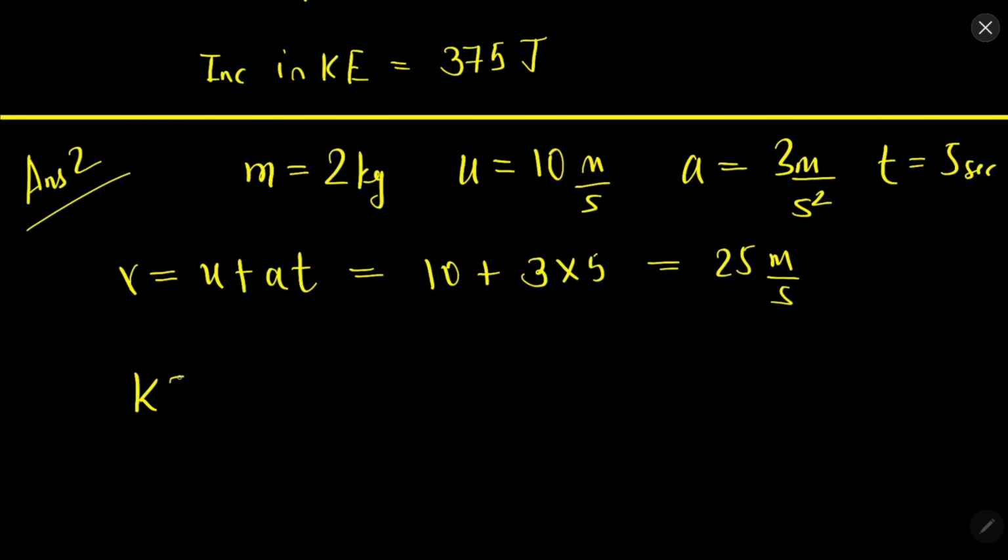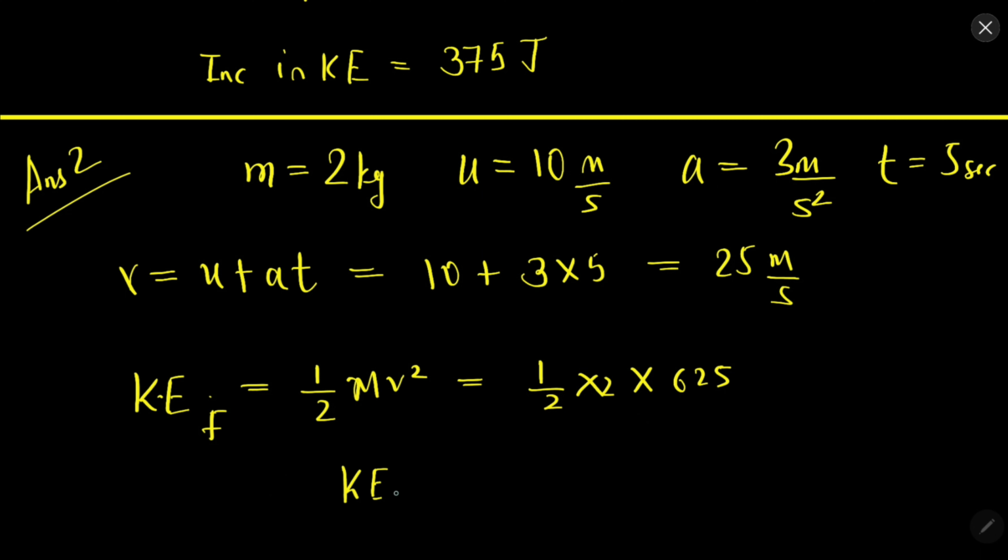Now the final kinetic energy equals half m into the final velocity square. So half into 2 into 25 square is 625. So the final kinetic energy comes out to be 625 joule.